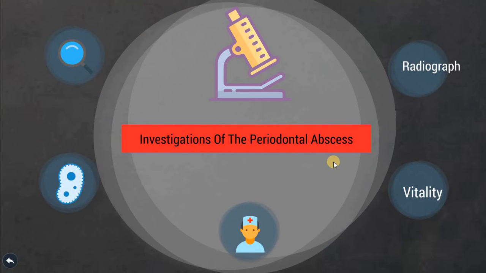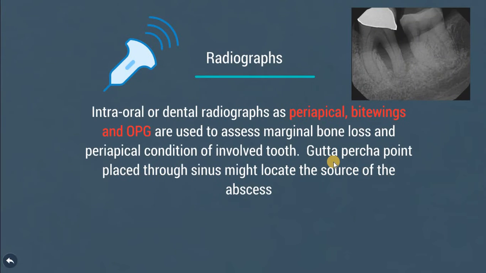How do we investigate the periodontal abscess? One of the ways is through radiograph.